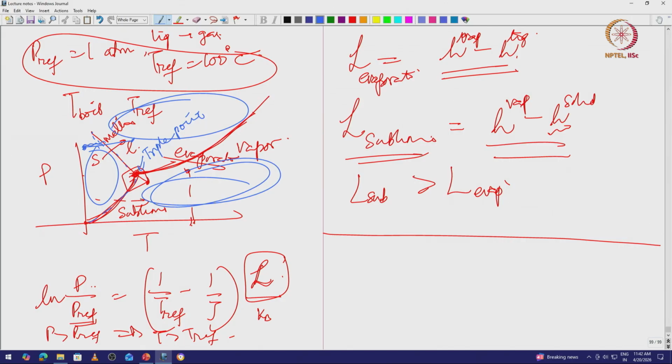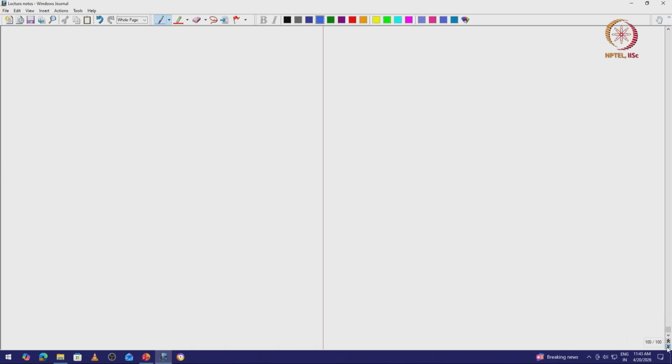Now, just to give you one more case study, one more realistic scenario of where I can use the water phase diagram, let us look at the idea of what is called boiling. What is boiling? I have defined the boiling point to be 100 degrees Celsius at 1 atmosphere.